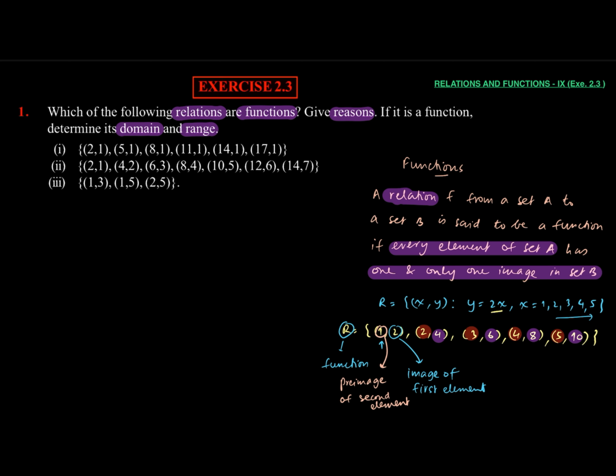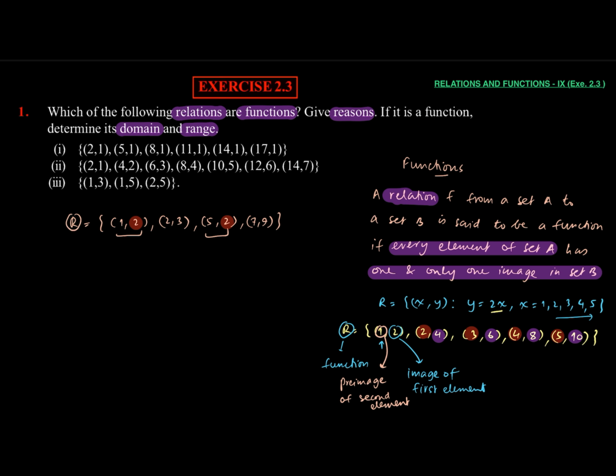Now let us consider a few more examples. Suppose we are given a relation where the elements are (1, 2), (2, 3), (5, 2) and (7, 9). Here consider this very first element and this third element. One can observe that both these elements have the same image. That is, 1 has 2 as image and 5 also has 2 as image.